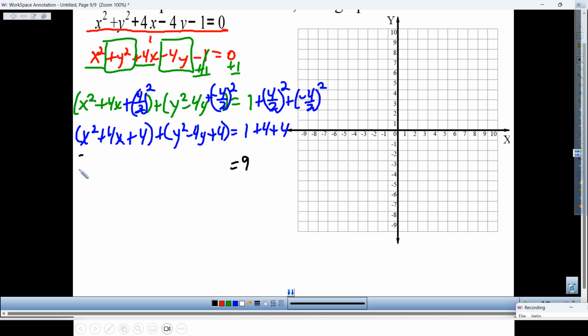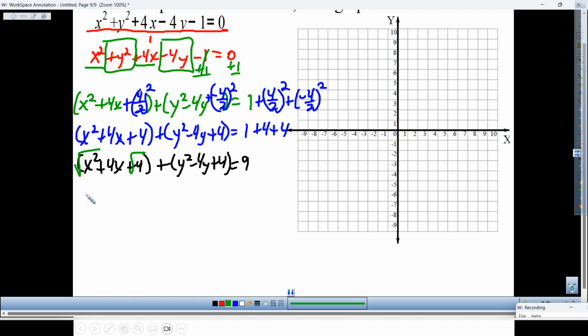All right, good. We got x squared plus 4x plus 4 plus y squared minus 4y plus 4. How we doing? Yes? All right, pass someone. Ashlyn? Caitlin, what do I do next?